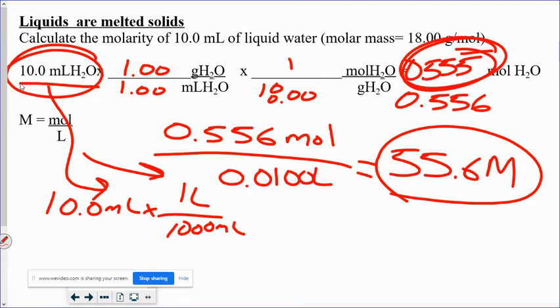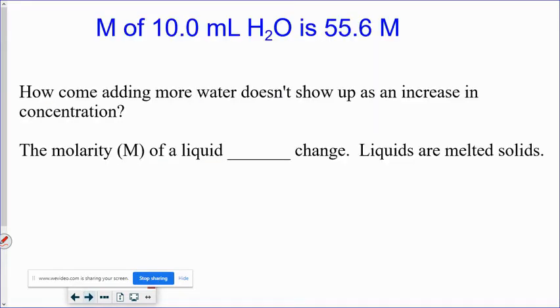The molarity doesn't change. If you add more water, the molarity stays the same, because if the milliliters go up, the liters go up, and the moles go up. So the molarity of 10 milliliters of water is 55.6. How come adding more water doesn't show up as an increase in concentration or increase in molarity? Again, milliliters go up, liters go up.